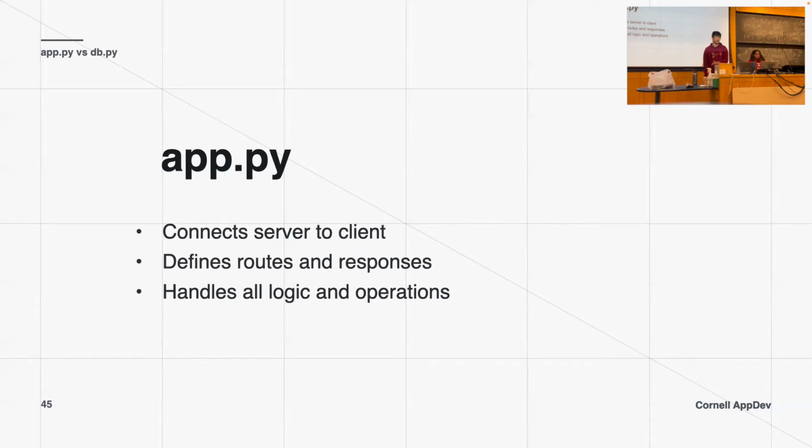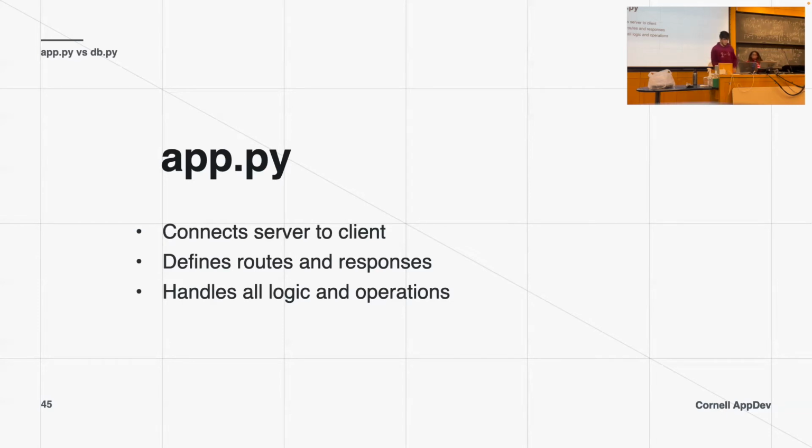And then the last thing, which is the most important part, is that it handles all logic and operations. So it handles all kinds of calculations in app.py. For PA2, you'll recall transferring money, withdrawing or depositing money, or whatever the difference is. You want to handle that in app.py and not db.py.